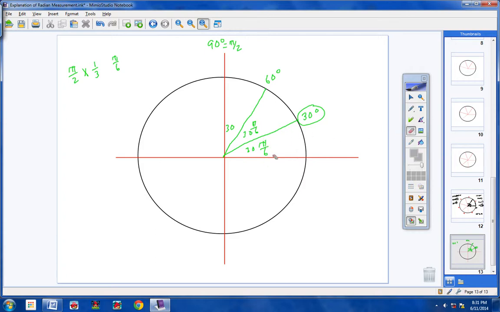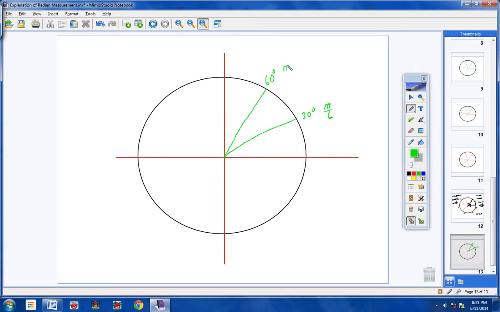Now, a lot of you got that, a lot of you did, and that's fine. Let me quickly finish this up. So if I go up 30 degrees, that would be the same thing as 1/6 pi. Now, if I go up 30 more degrees, that would be 60 degrees, which would be the same thing as pi over 6 plus pi over 6, or in other words, 1/6 plus 1/6, which is 2/6, which reduces to 1/3.